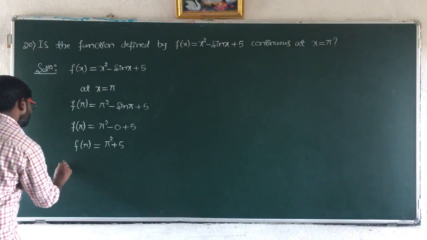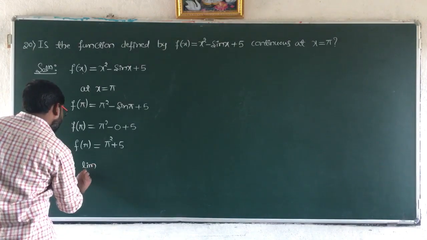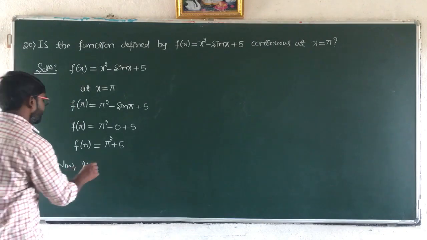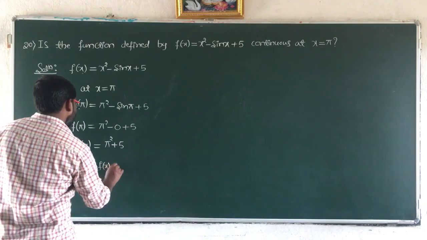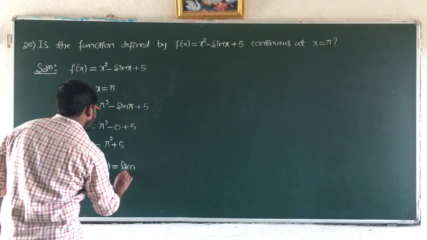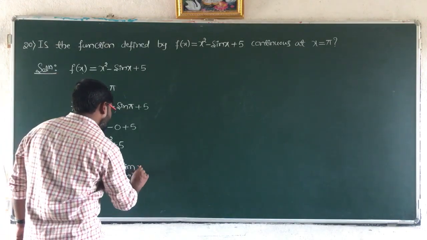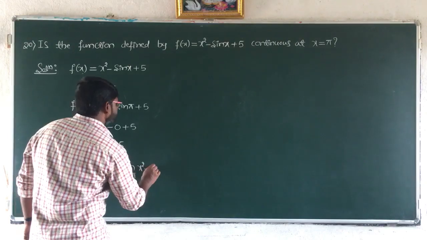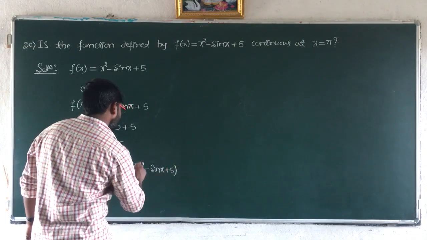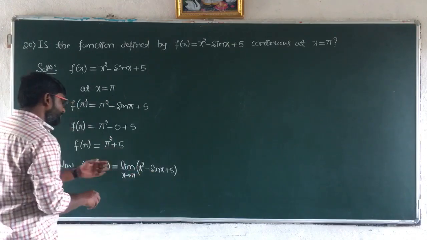Now limit x tends to pi, f of x equals limit x tends to pi, f of x will be x square minus sin x plus 5. So this is the function. So let us apply the limit here.